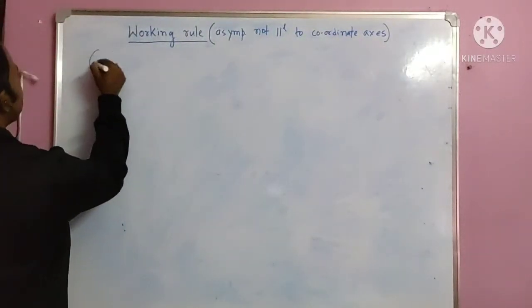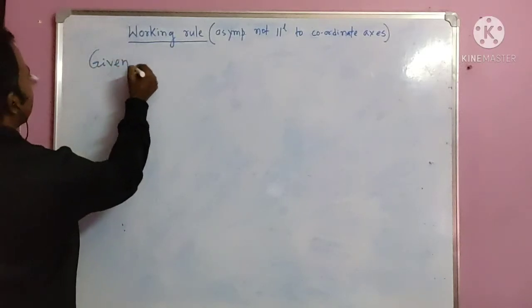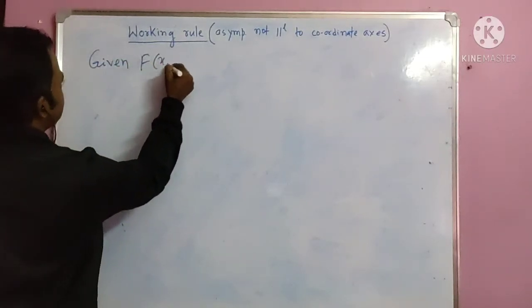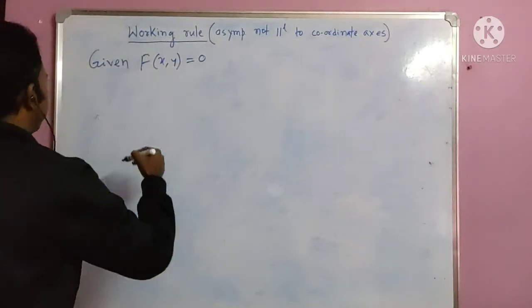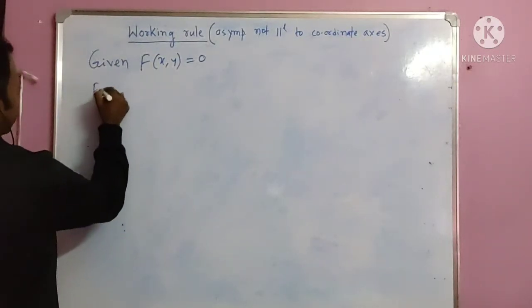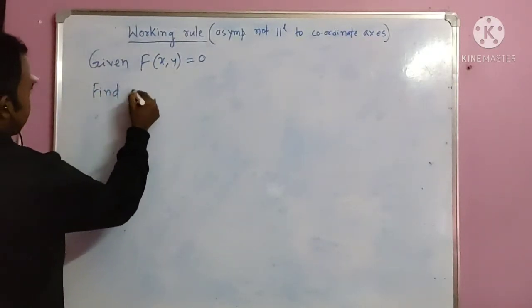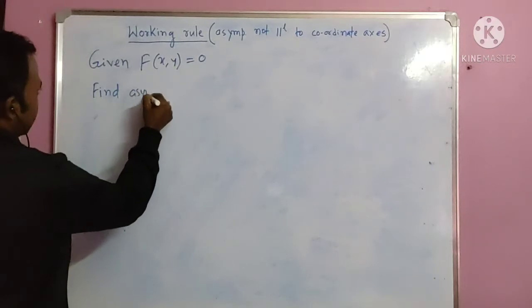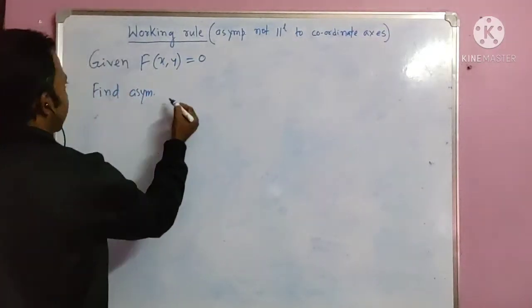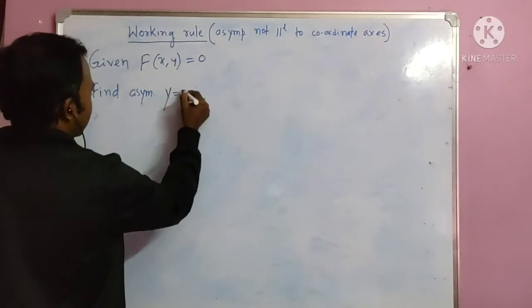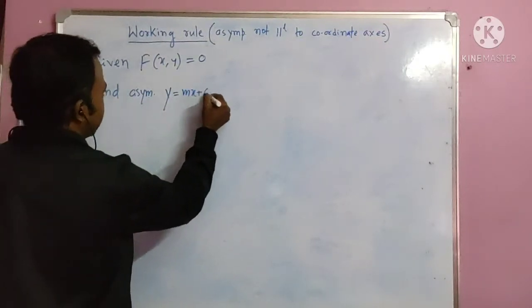Okay. First you will be given a curve. So you will be given f of x y equals 0. Then what you have to do is find the asymptote. Since it is not parallel to a coordinate axis, the asymptote will look like y equals m x plus c.